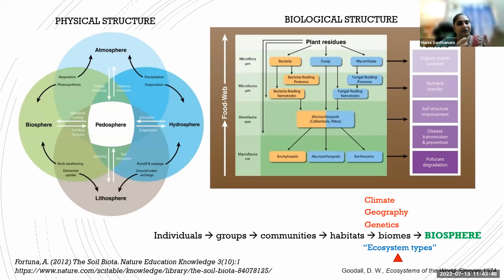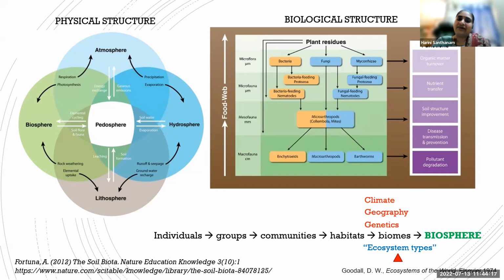So the concept of ecosystem: you can see on your left side, there is the physical structure that we call a biosphere, right? The biosphere is the summation of all the biological communities which come together along with their physical units. A part of the biosphere is the atmosphere, hydrosphere, and lithosphere.